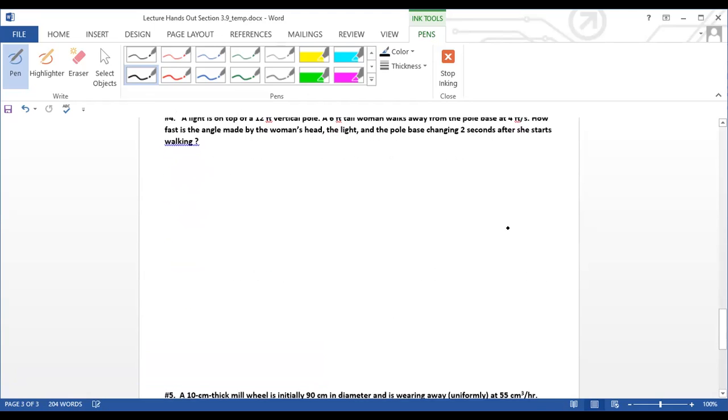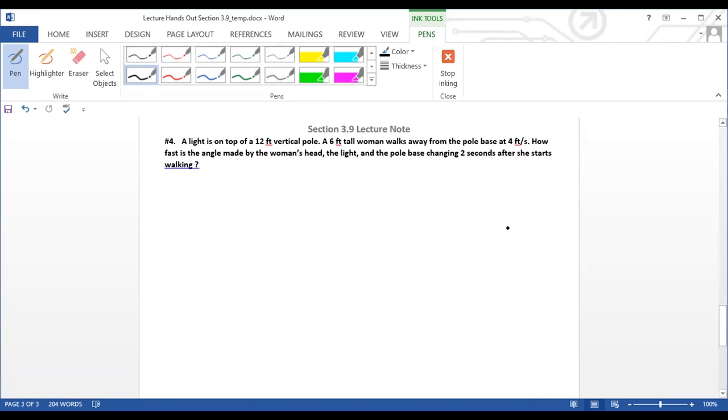Okay, let's take a look at number 4 here. Number 4 is a little bit complicated. It's not too bad as long as we can draw the picture and find the relations here. It says a light is at the top of a 12 feet vertical pole. So in here, this is a pole, a fixed number, 12 feet.